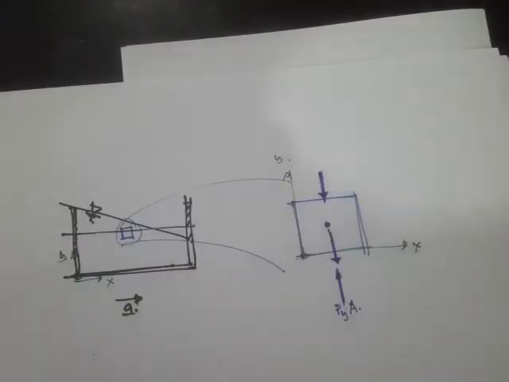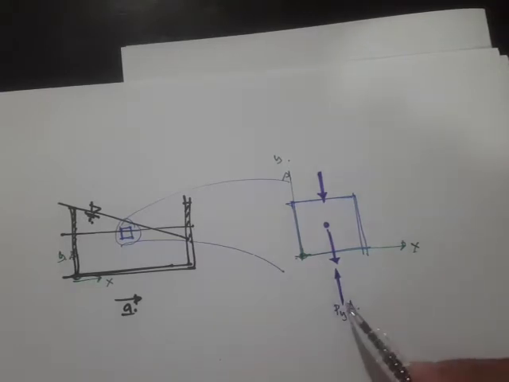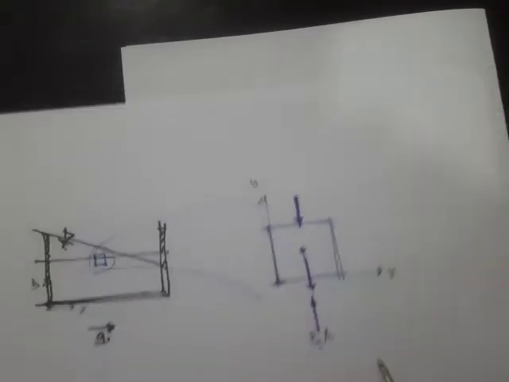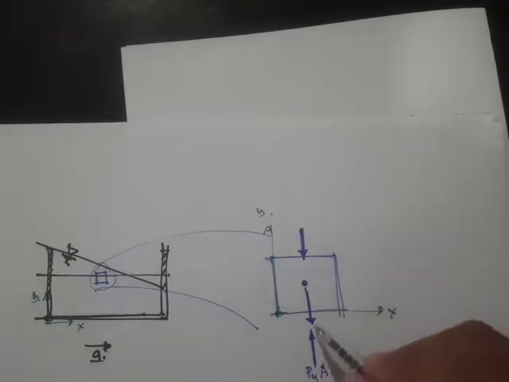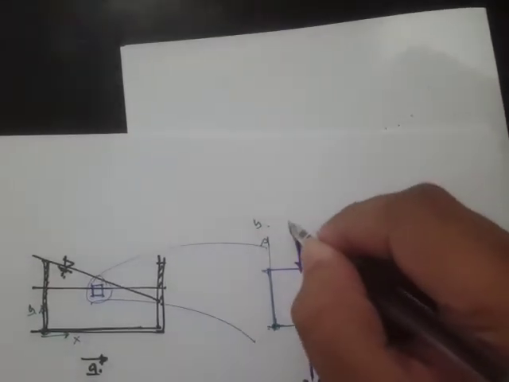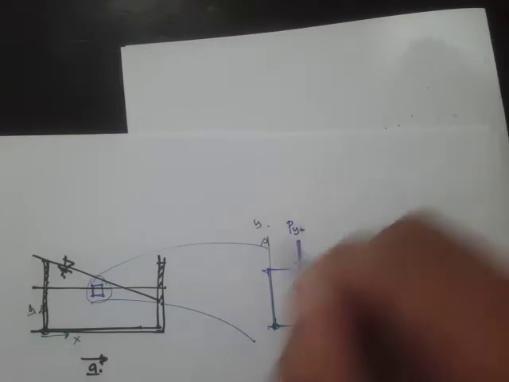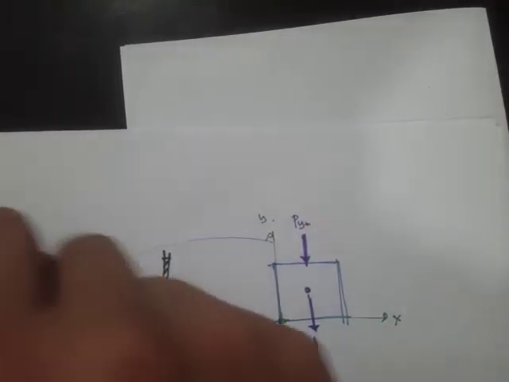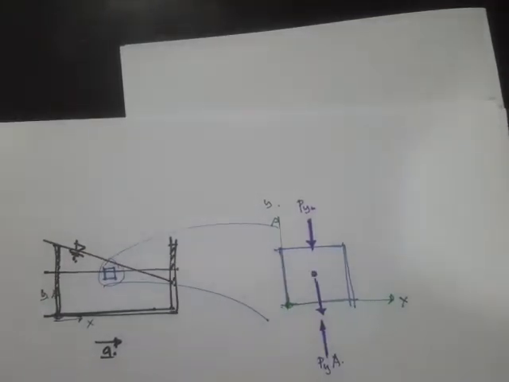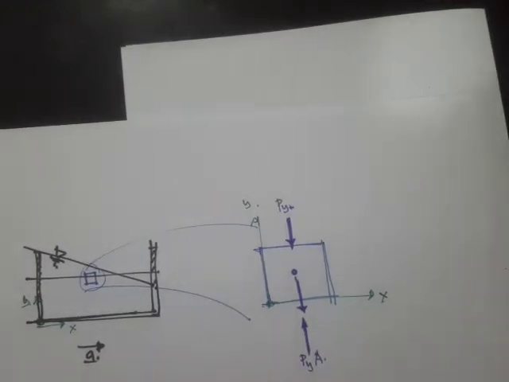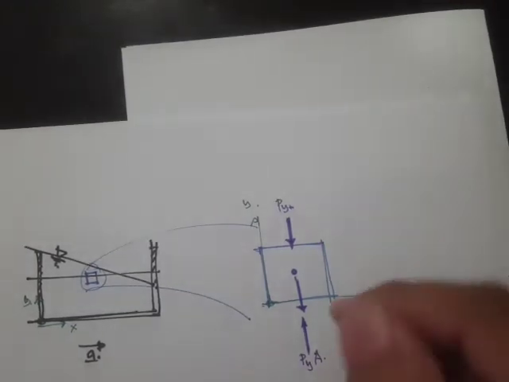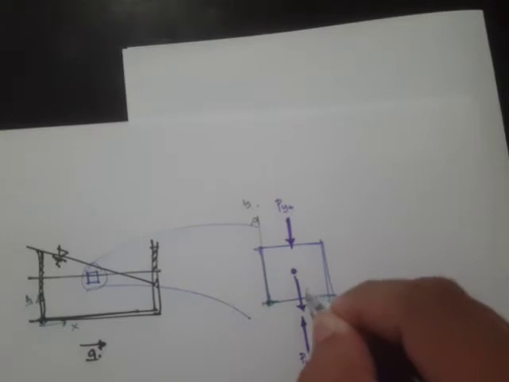Okay, so that's the area perpendicular to the direction of the force. So this is our p sub y. This one will be p sub y plus... Okay, for now, instead of using the notation dy, dx, and dz, we'll use the delta.